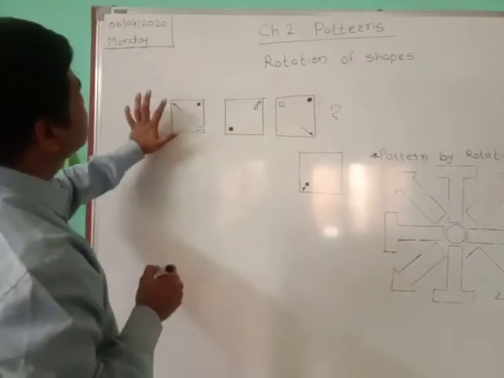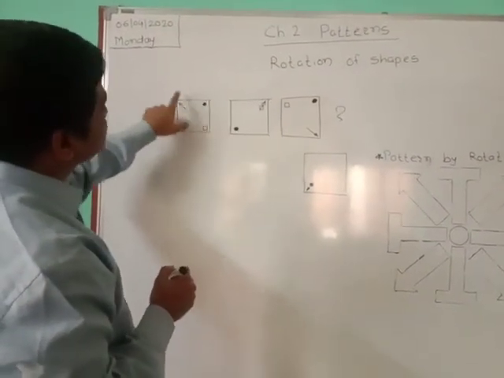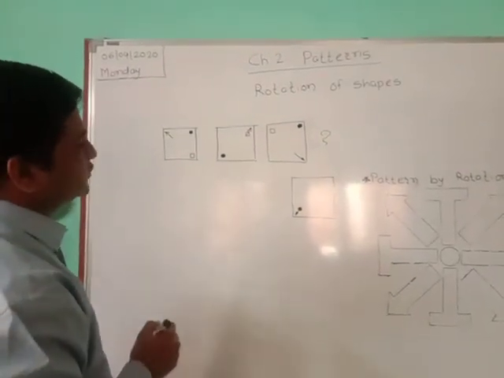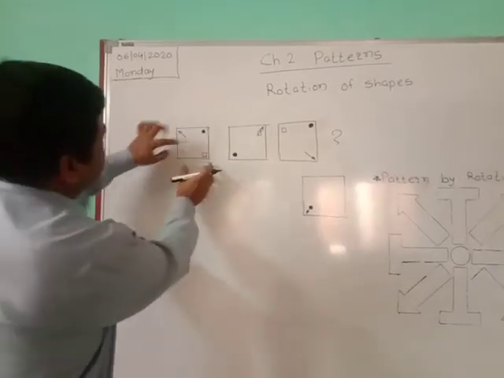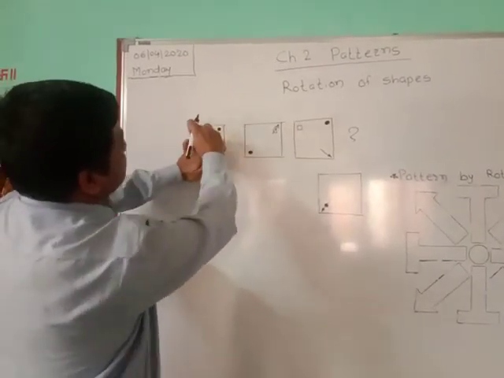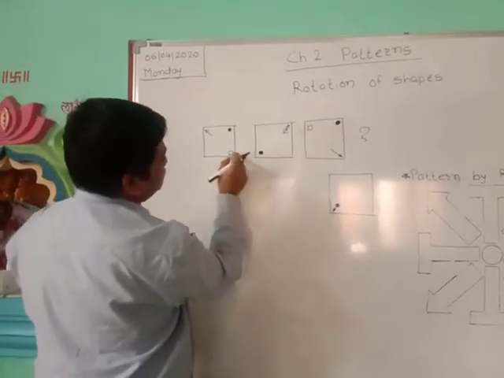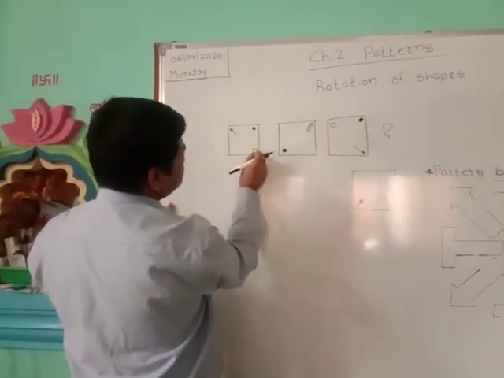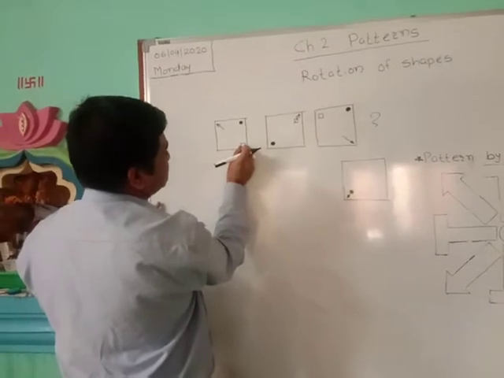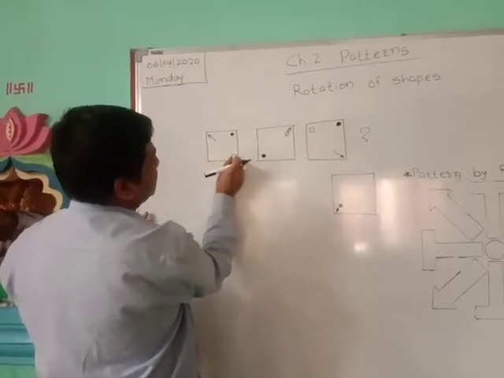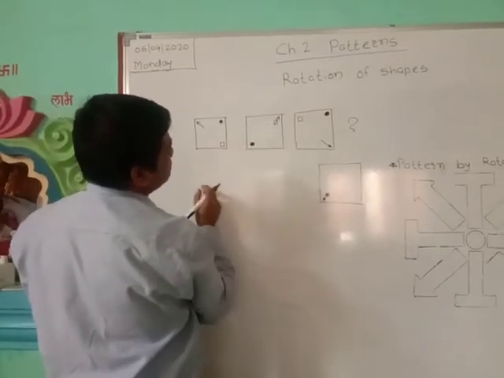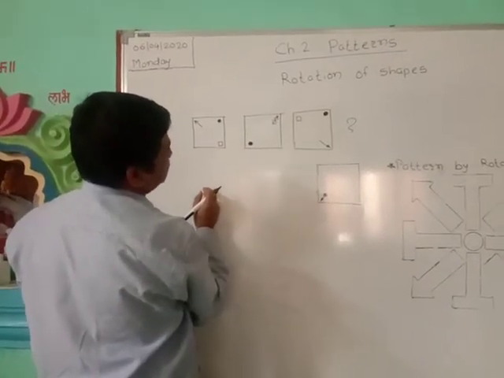Now you can see, consider the square without any other shapes except a small square in the corner. Let this square be rotated in the anti-clockwise direction. So if I rotate the square in the anti-clockwise direction, the next position after turning it by 90 degrees is that the square will go to this corner, the right upper corner.